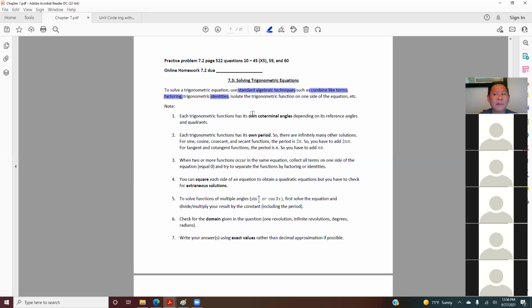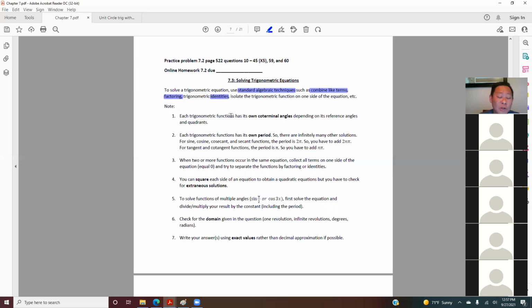So it's very basic solving of equations like what you did in algebra class. However, when you solve this, instead of x equals 2 or x equals 3 or -1, you will always come up with sine x equals 2 or cosine x. So instead of x, you got sine, or the trigonometric function came out.